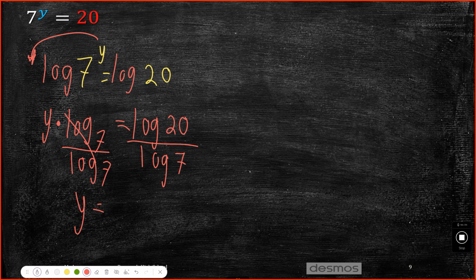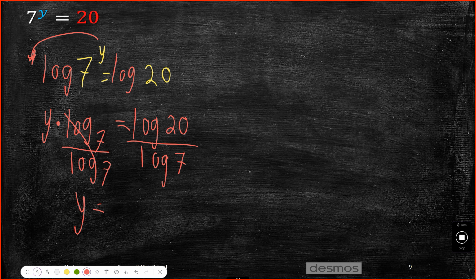So go ahead and get your calculators. There are two different ways of doing this. We're going to go ahead and do log 20 divided by log 7. So let's go ahead and do log. Where's the log function at? You see that second button, and right there's log.